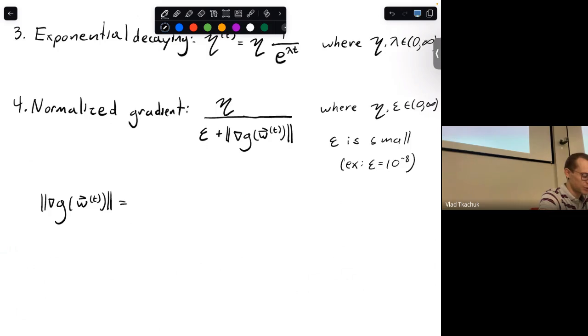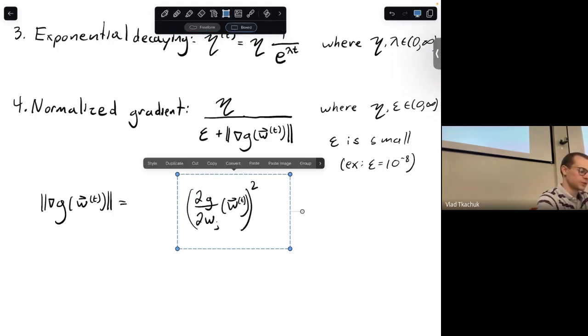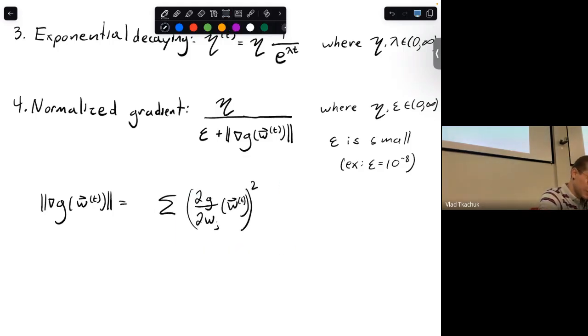The components are the partial derivative of g with respect to wj. I guess we need the t here. You square this thing, and that's just one of the components. You then need to take every one of them and square them, and then you take their square root.